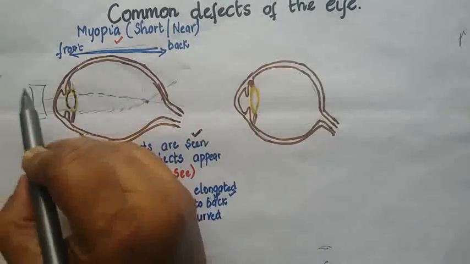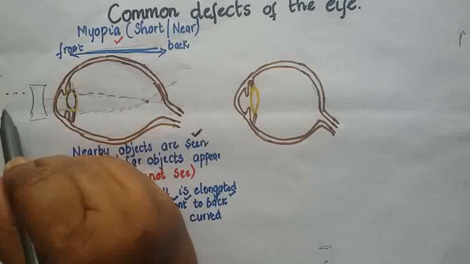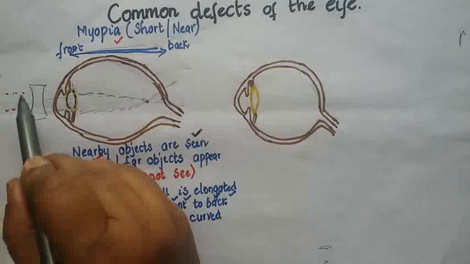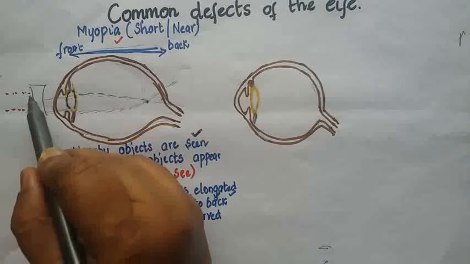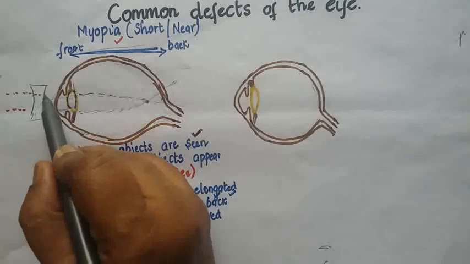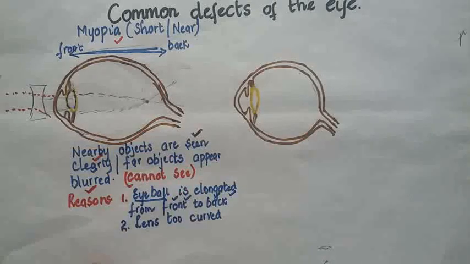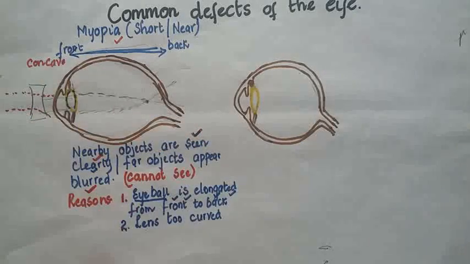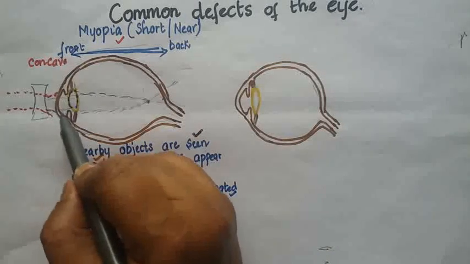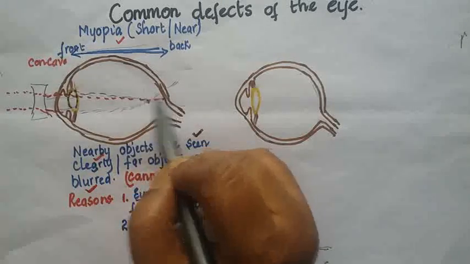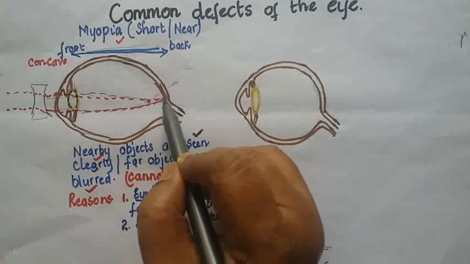In case of a concave lens, the light rays which are emerging from the object first try to diverge. So when a person wears the concave lens, we call it a diverging lens. The light rays will diverge, and then they start converging in such a way that all the light rays will fall on the yellow spot.